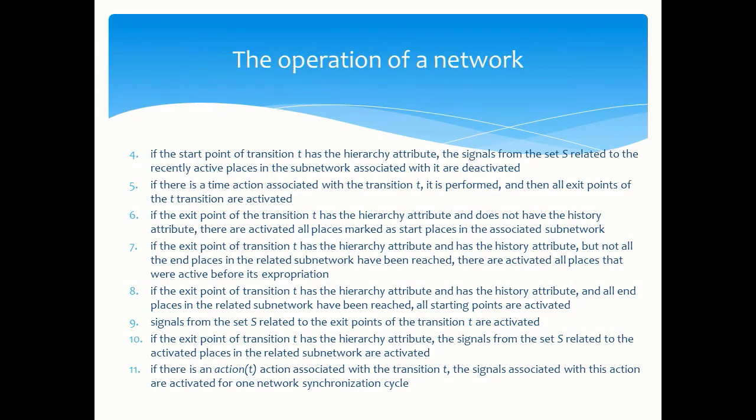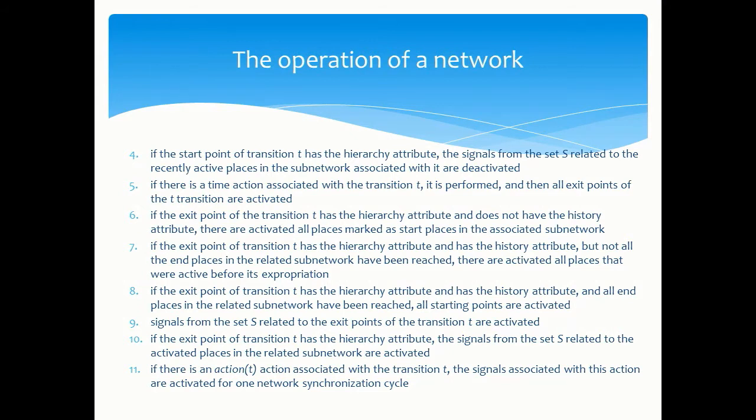If the exit point of transition T has the hierarchy attribute and has the history attribute, but not all the end places in the related subnetwork have been reached, there are activated all places that were active before its expropriation. 8. If the exit point of transition T has the hierarchy attribute and has the history attribute, and all end places in the related subnetwork have been reached, all starting points are activated.